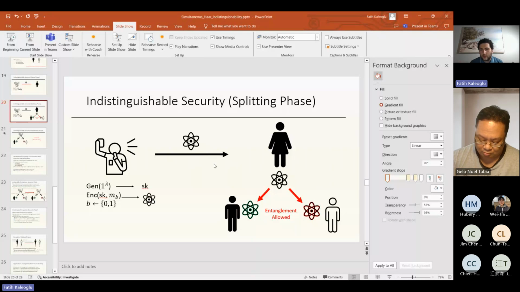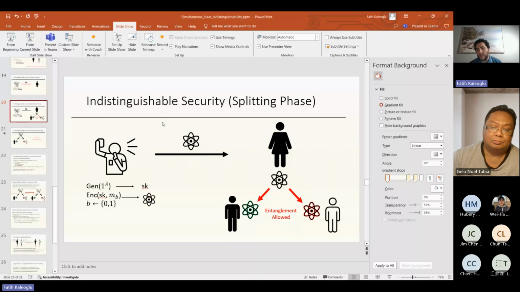It means you can give it to two separate parties such that each party can have the functionality of this state. You don't even have to get the exact same state, but you're cloning the functionality. In the case of unclonable encryption, this functionality is being able to recover the message using the secret key. That's the functionality of the ciphertext. If you have unclonable security, that means both parties cannot do this at the same time, because the state is unclonable.